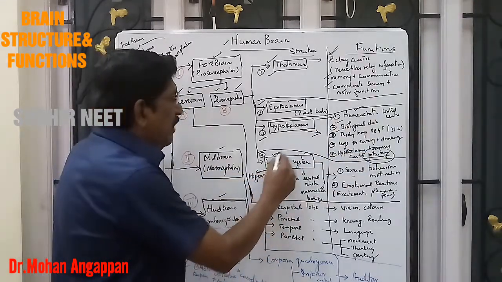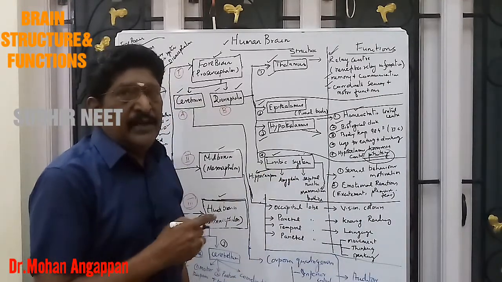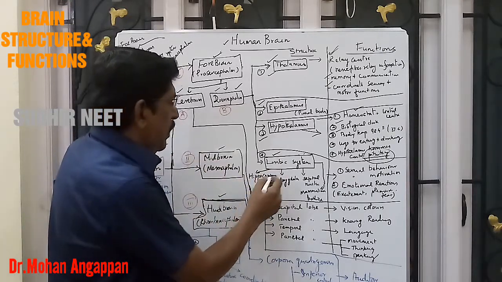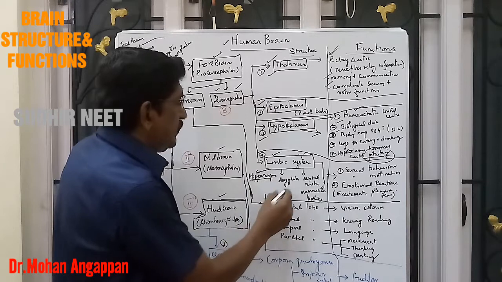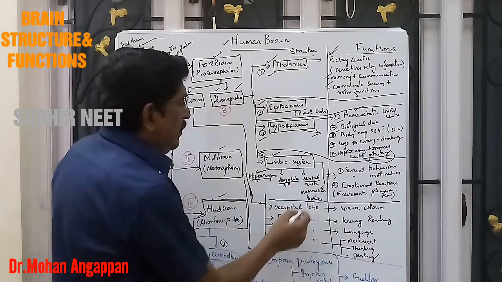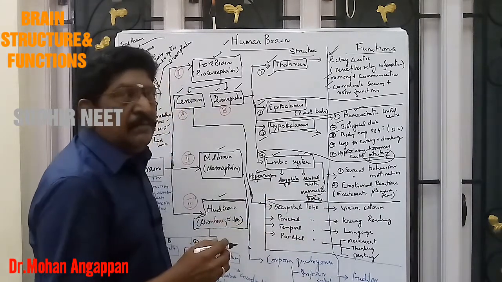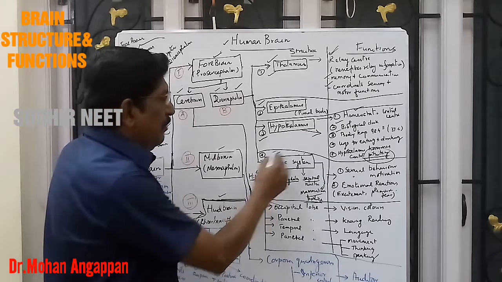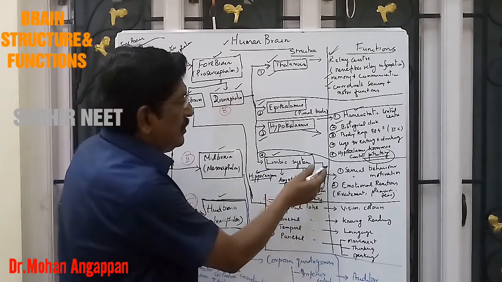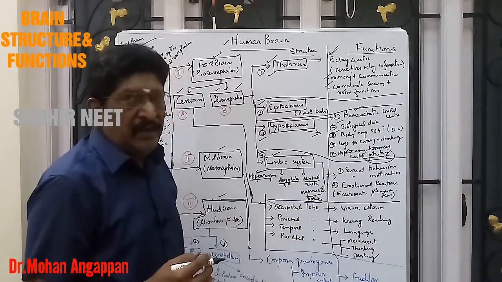Then coming to the limbic system, it is specifically given in your NCERT book. It constitutes four parts: hippocampus, amygdala, septal nuclei, and mammillary bodies. These four things you must remember because they are given in your NCERT book. The limbic system is very important for sexual behavior and sexual motivation.